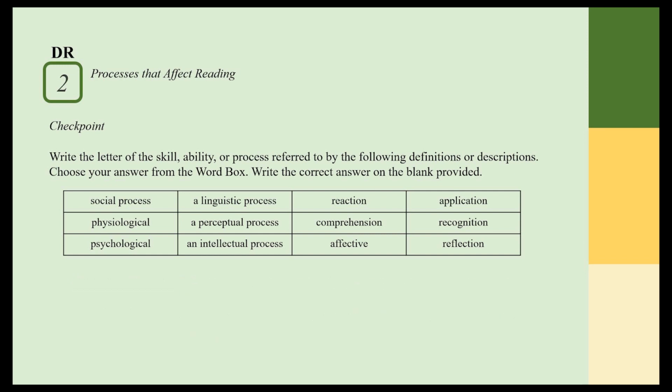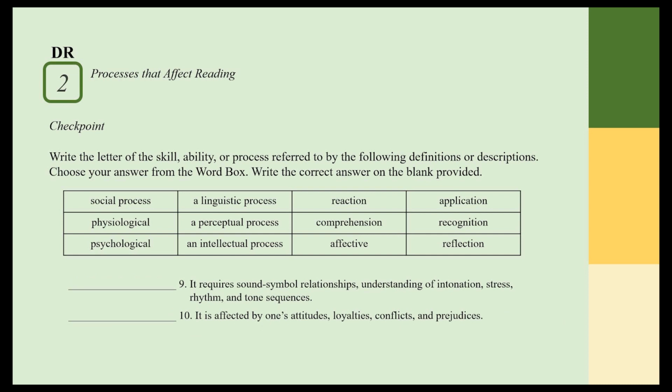For the last 2 items, item number 9, it requires sound symbol relationships, understanding of intonation, stress, rhythm, and tone sequences. So, what do you think is this? It is a linguistic process.